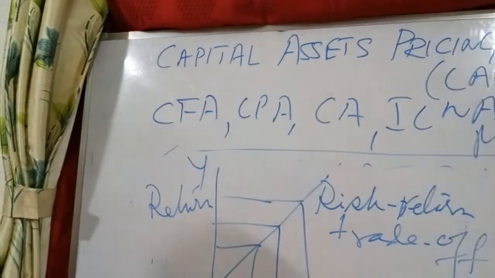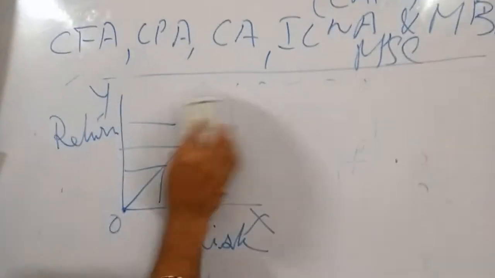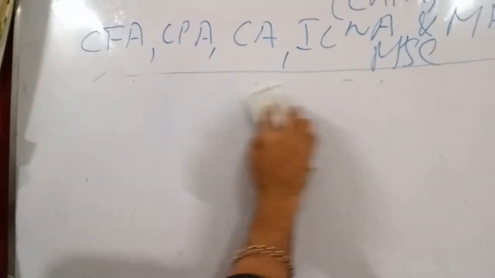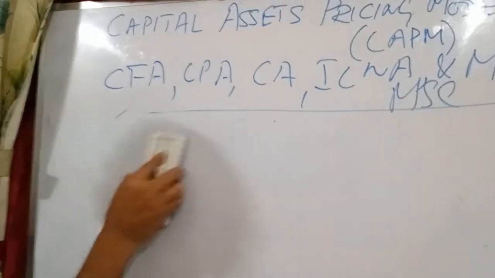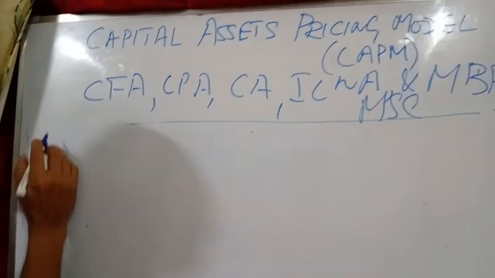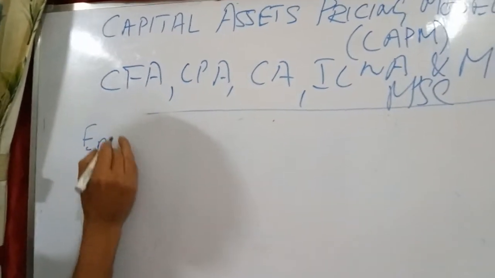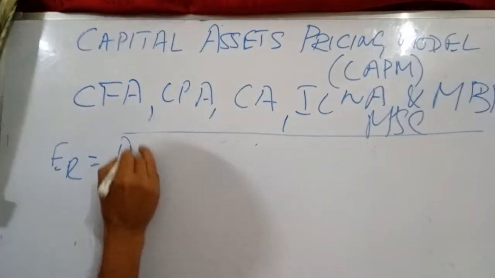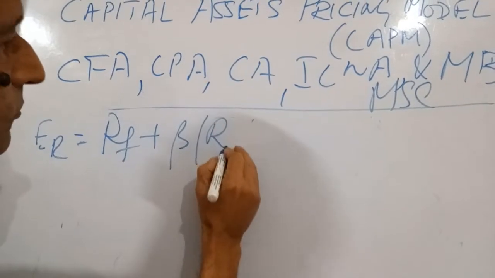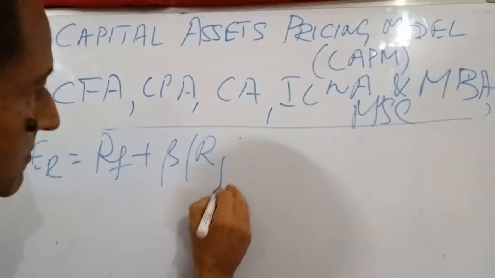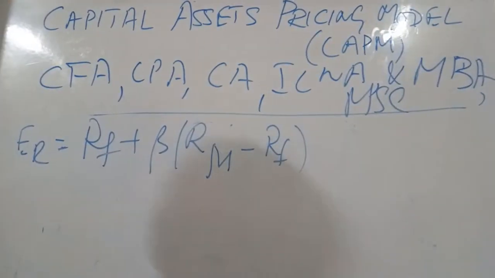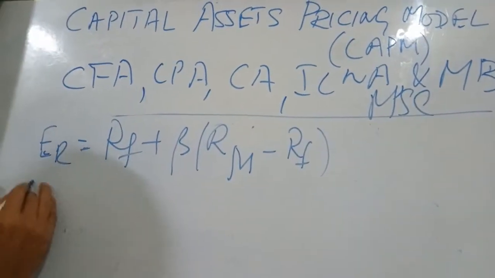As we all know, there exists a term risk-free return which has been incorporated in the formula as developed by Sharpe. That is, ER is equal to RF plus beta multiplied by the difference between RM and RF. Now what is RF?